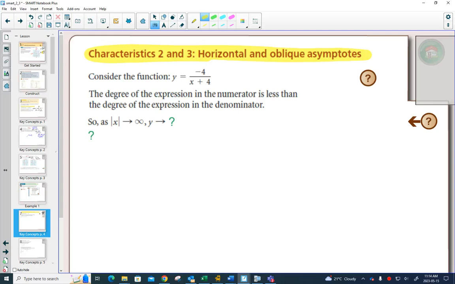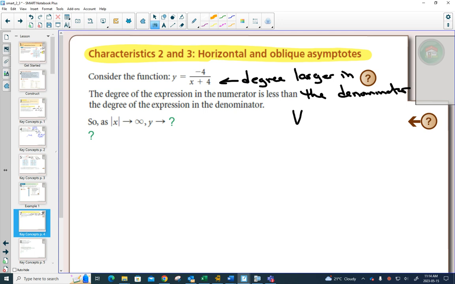This is the easiest one. If your degree is larger in your denominator, you will always have a vertical asymptote at y equals 0. Oh, sorry, not vertical asymptote. That should be an H. We're talking about horizontal asymptotes.